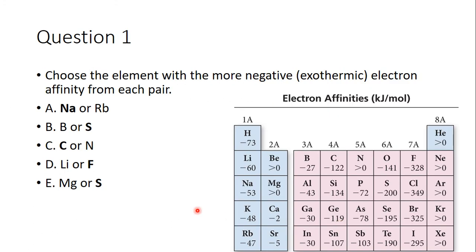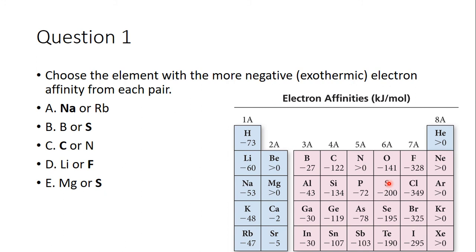So our first question is just to look at these trends and try to find the molecule that has the more negative, or exothermic, electron affinity. So sodium or rubidium. So group 1, the things at the top of the group 1s are more negative, so that's sodium. Boron or sulfur.